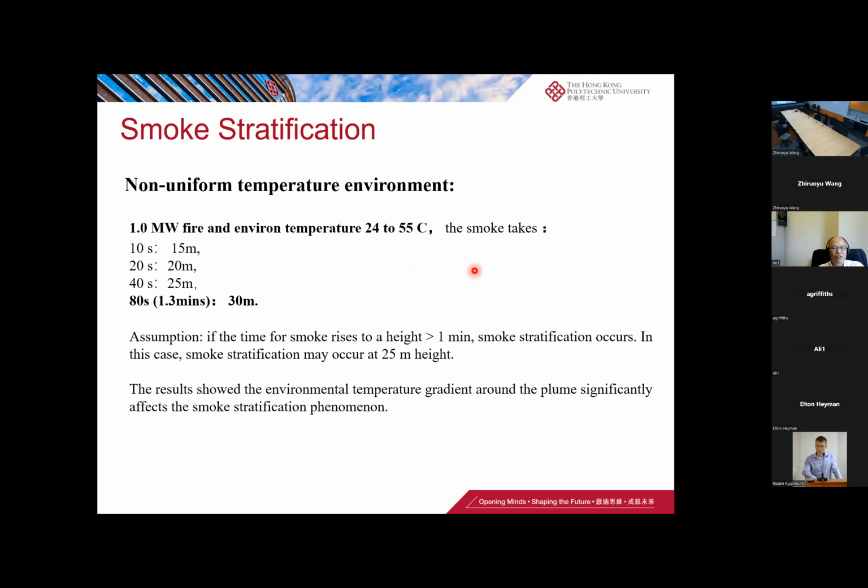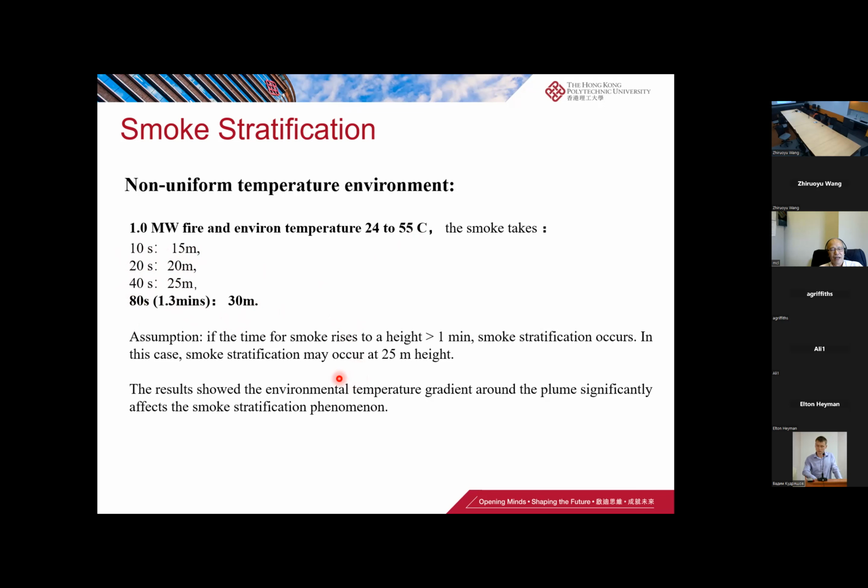So in summary of this analysis, for a 1 megawatt fire with the temperature varying from 24 to 50 degrees, it will take 10 seconds to reach 15 meters high, 20 seconds to 20 meters, 40 seconds to 25 meters, and 1.3 minutes to 30 meters high.